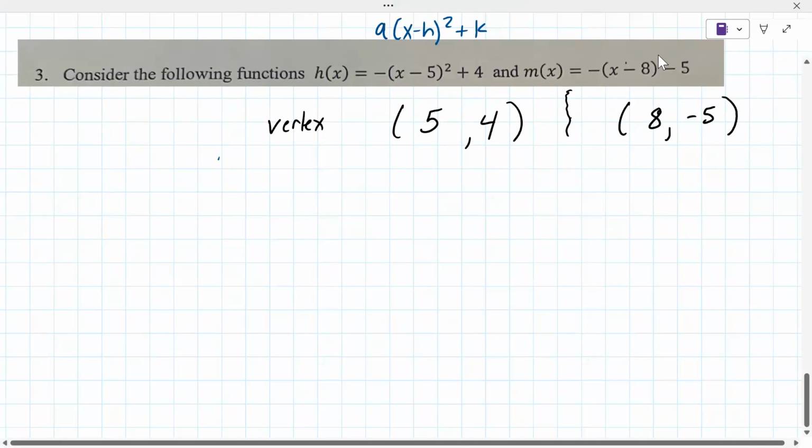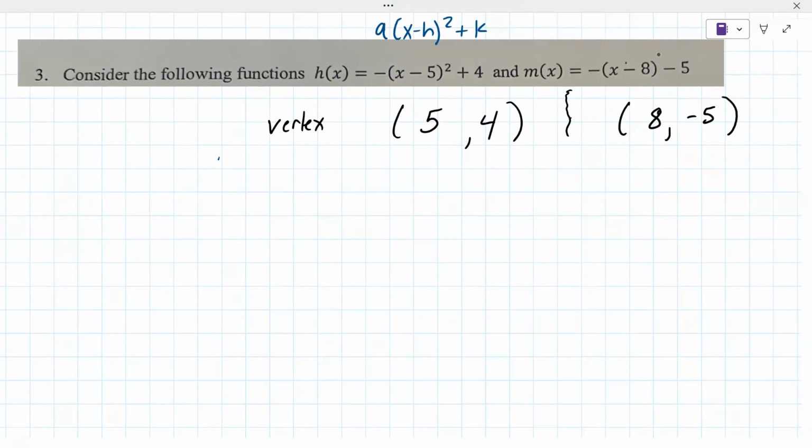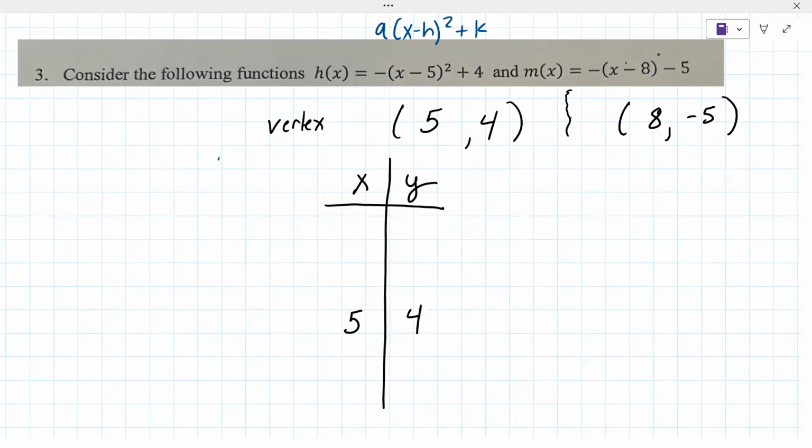Okay, now to graph, you're supposed to have 5 points. And this is often uncomfortable for students, but the first point you always graph is the vertex, which is right in the middle. And then you choose 2 x values smaller and 2 x values larger.